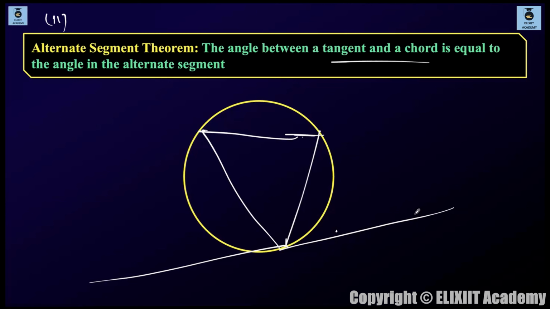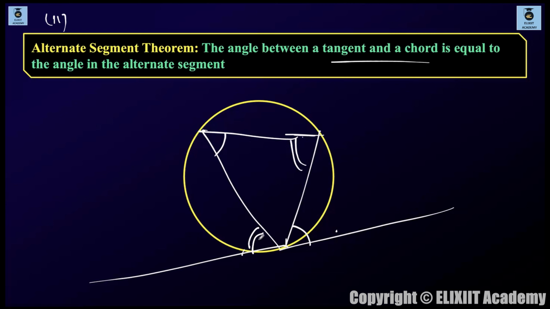So the tangent is involved and the chord is involved. Simply see the diagram itself. This angle and this angle will be the same. That's all.